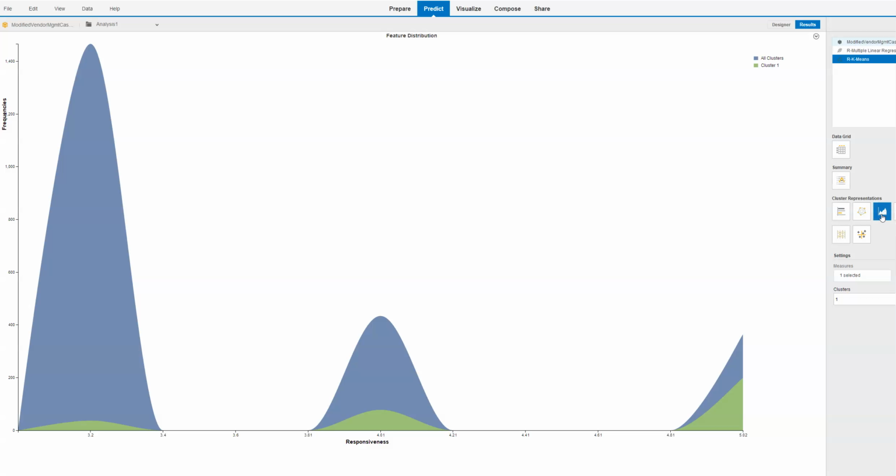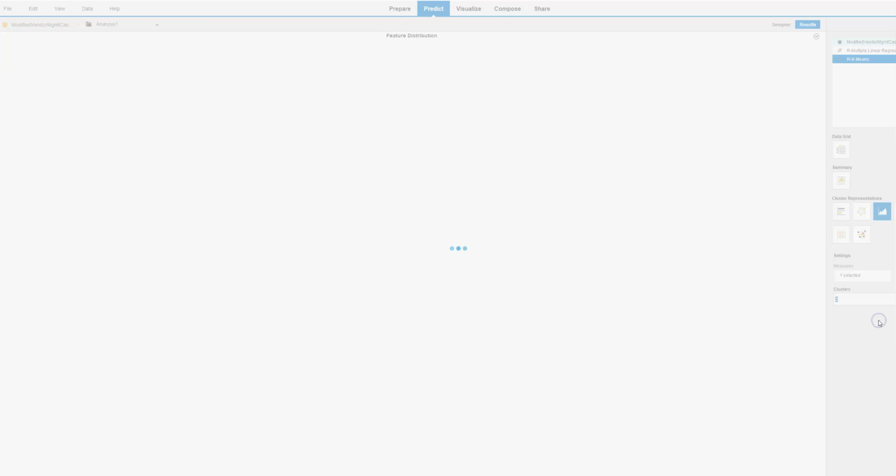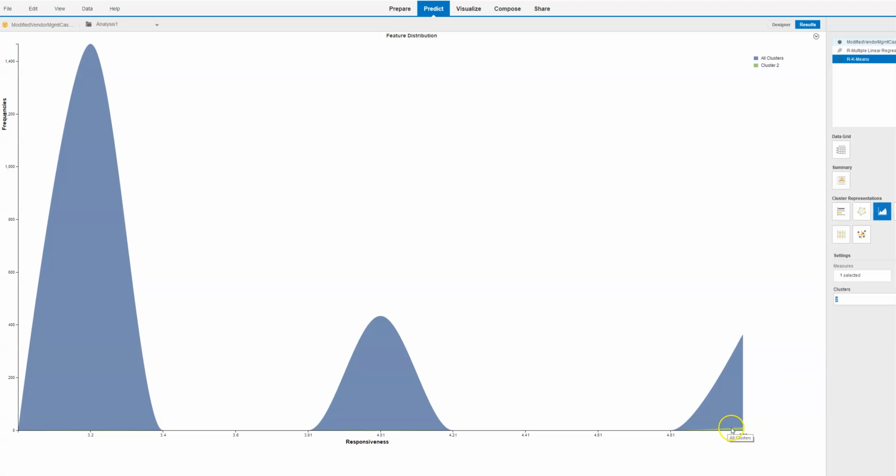One way to study is how the clusters are. So this is for responsiveness. Cluster 1, cluster 2. You find cluster 2 is generally, the responsiveness is very high.